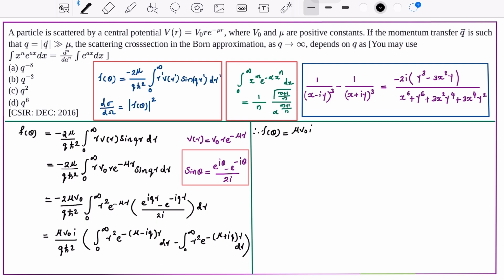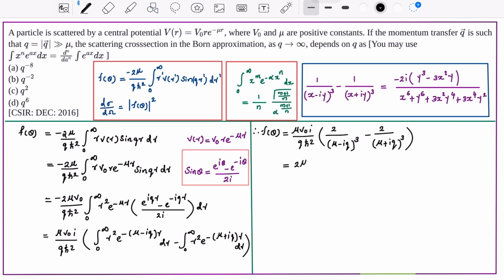Now f of theta becomes mu V0 i by q h bar square. Now within the bracket, the value of the first integral is 2 by mu minus iq whole cube, minus the value of the second integral, 2 by mu plus iq whole cube. Now let us take 2 outside the bracket.